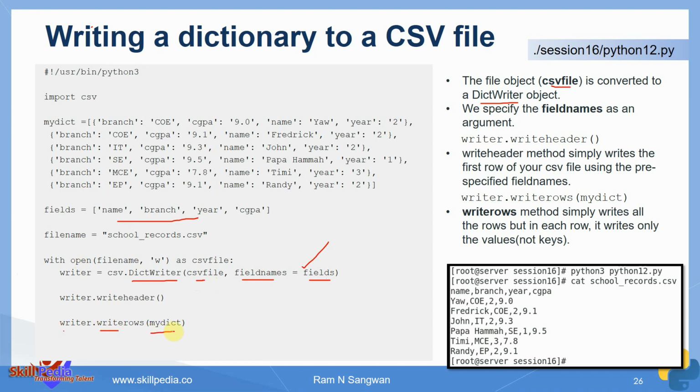We specify the field names as an argument, that is writer.writeheader, which will write the header. The writeheader method simply writes the first row of your CSV file using the pre-specified field names. And then writer.writerows of mydict, that is this dictionary. The writerows method simply writes all the rows, but in each row it writes only the values, not the keys. So this is dictionary formatted data written to a CSV file.